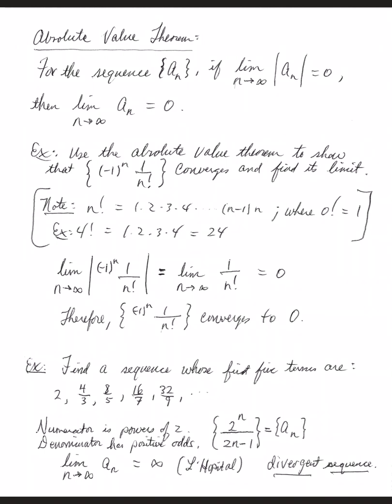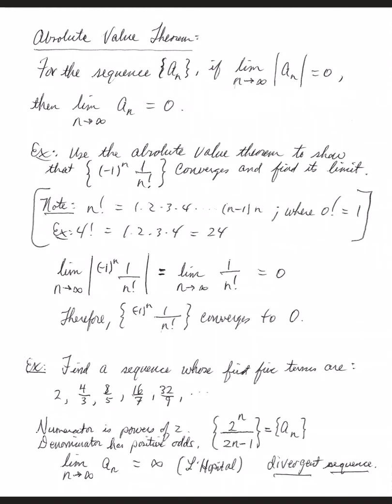When you take the absolute value, you remove that sign alternator, and that gets us down to the limit as n approaches infinity of 1 over n factorial. Well, the larger n grows, the smaller this fraction gets overall, and that limit is actually 0. Therefore, we can say by the absolute value theorem that this sequence does converge to 0.